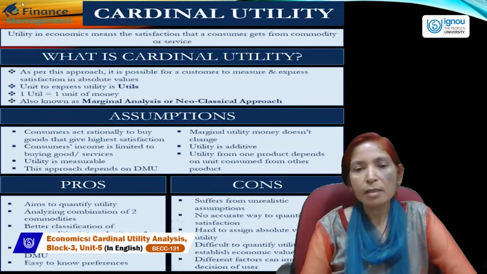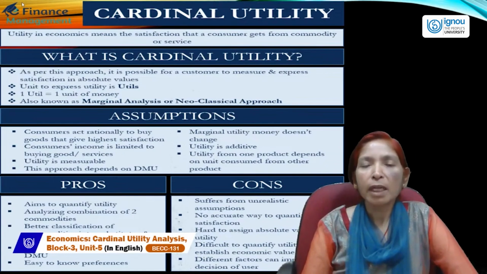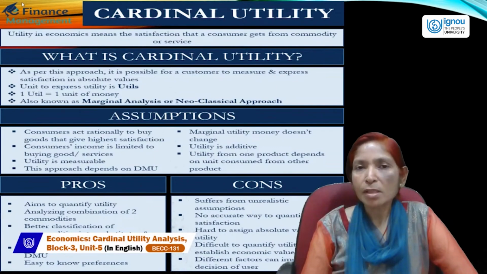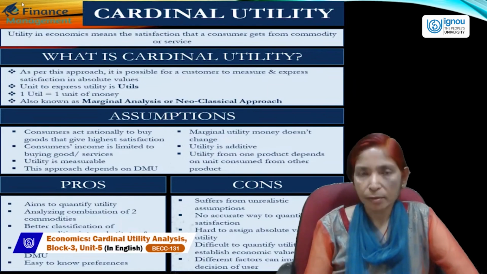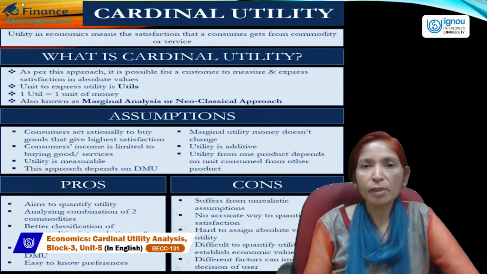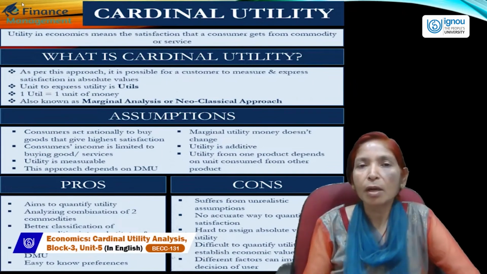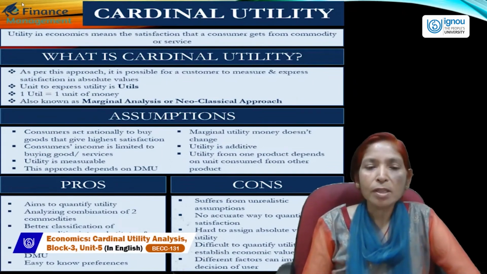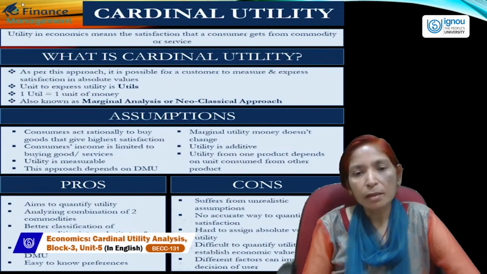Next assumption is that the marginal utility of money doesn't change. It means the marginal utility of money remains constant or fixed. It can't change. Next is utility is additive. Additive means we can add the utility or satisfaction from the consumption of each and every unit of the commodity. Now, next is utility from one product depends on the units consumed.